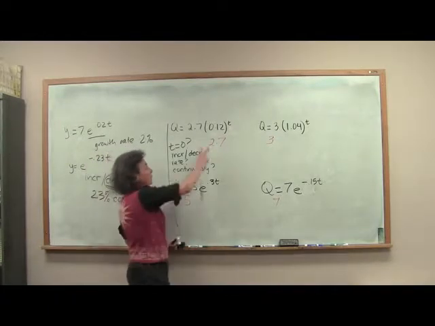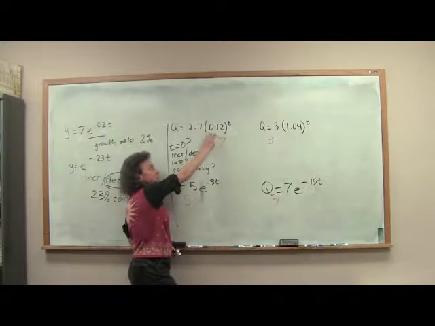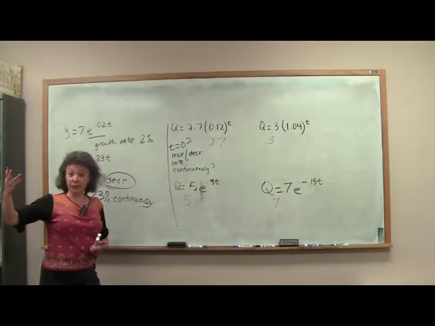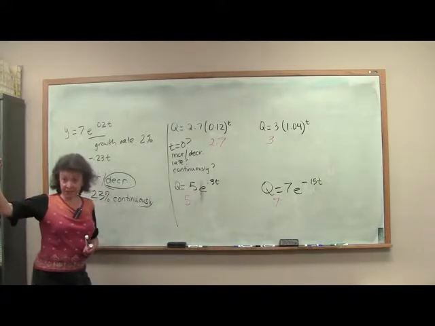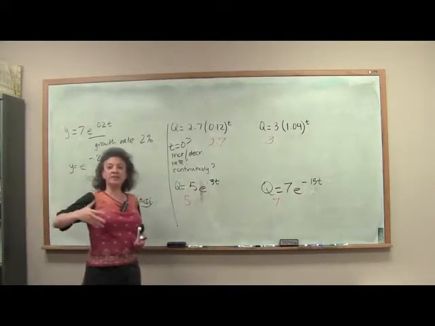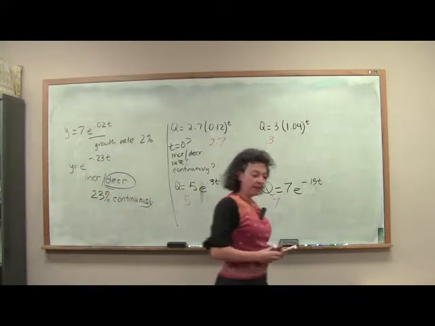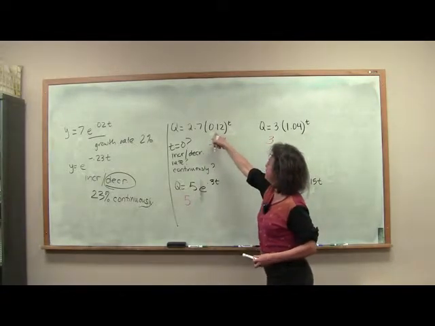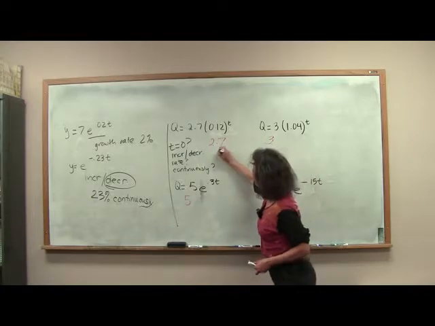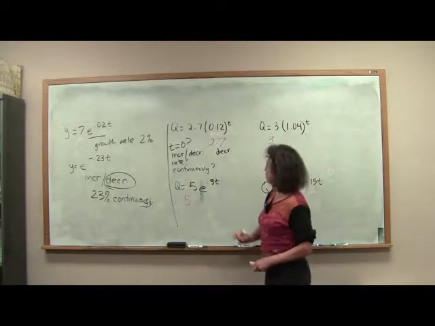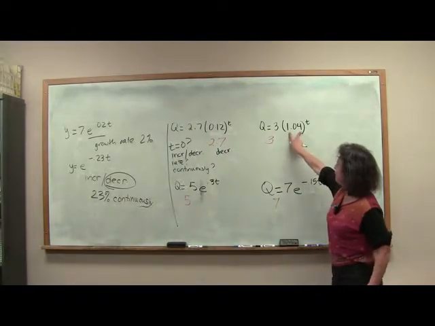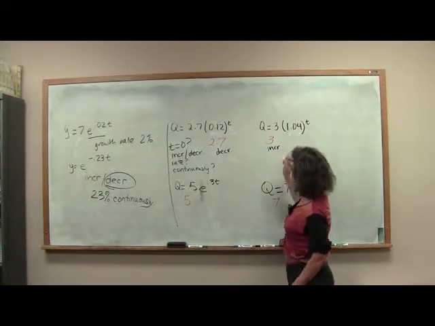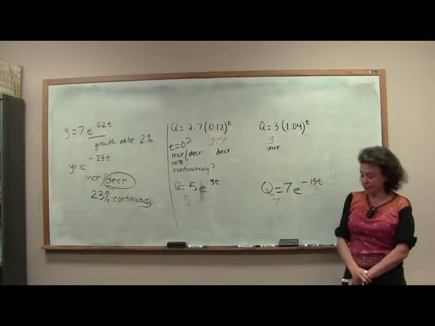Remember, the way you can tell when you have a base of b is if b is greater than 1, it's increasing. And if b is between 0 and 1, it's decreasing. Because my base here is between 0 and 1, I know that this one is decreasing. Because my base here is greater than 1, I know this one is increasing.